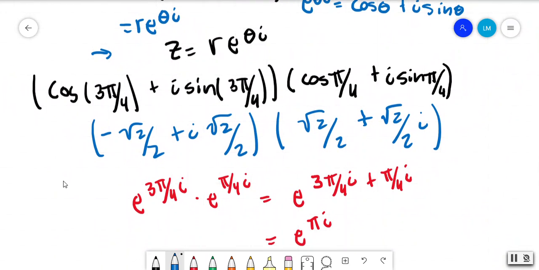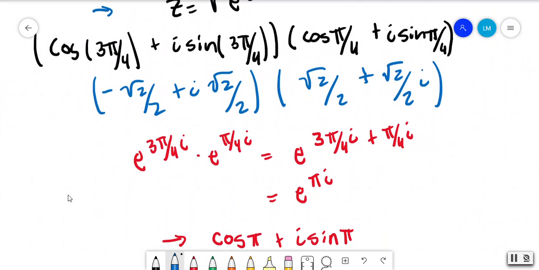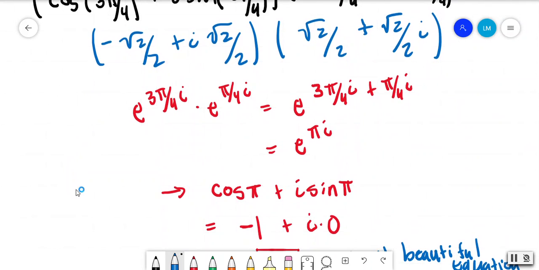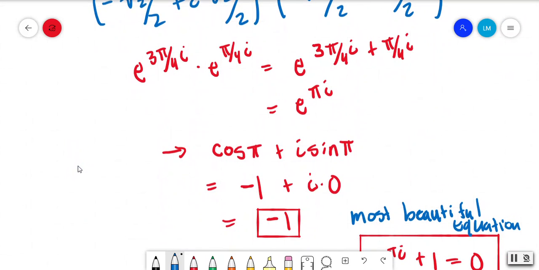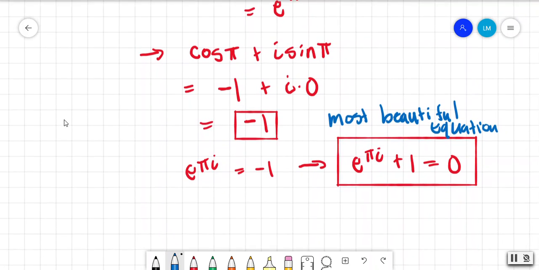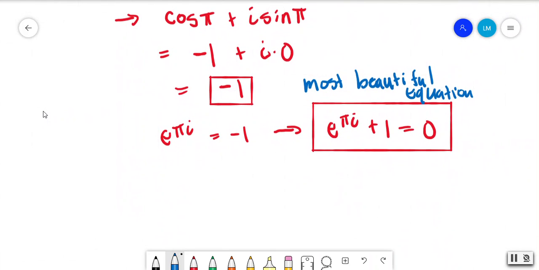So multiplication means adding the arguments, while dividing means subtracting the arguments. Of course, you can look at adding two complex numbers if you want to, but I feel like this is the greatest result ever to come from Euler's formula.